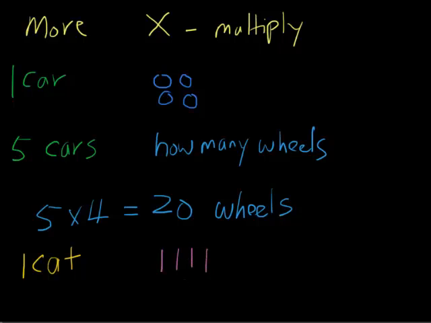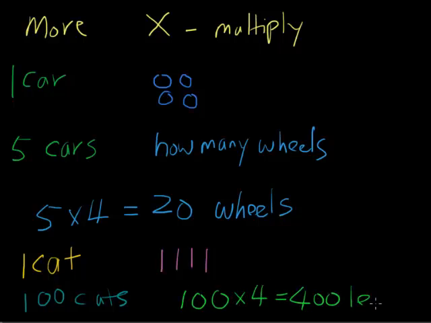And you got 100 cats. How many legs is that? Well, easy, right? If one cat has 4, 100 cats has 100 times 4, equal to 400 legs, assuming none of the cats lost any of their legs.